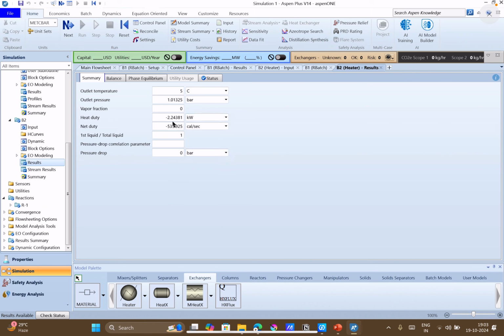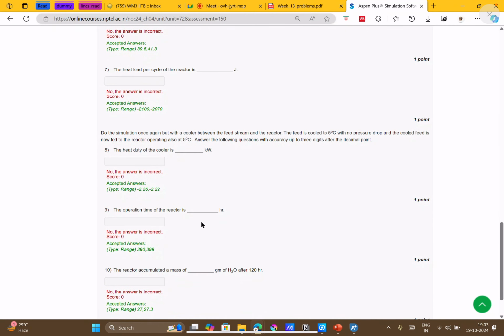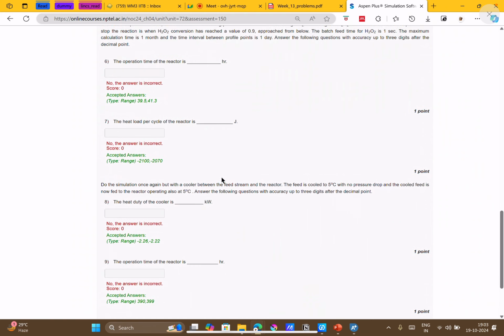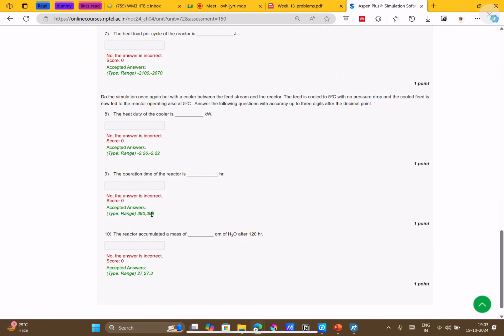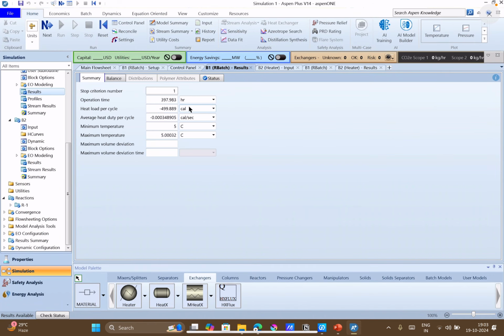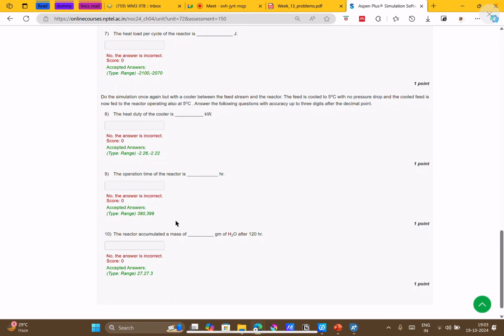So minus 2.24, which is correct. The operation time of the reactor has now increased, instead of 40 it has gone to 390. So let's see what has happened in our case. The operation hour is 397, which is again in between the range.